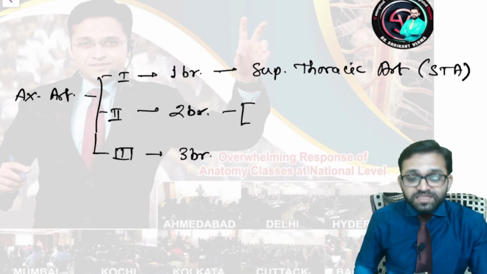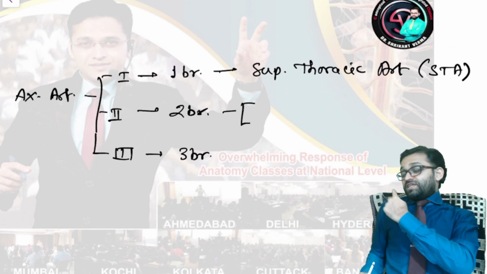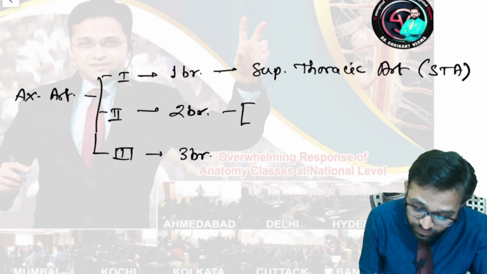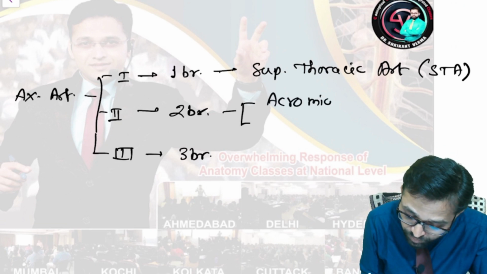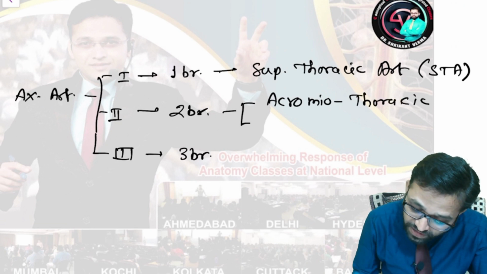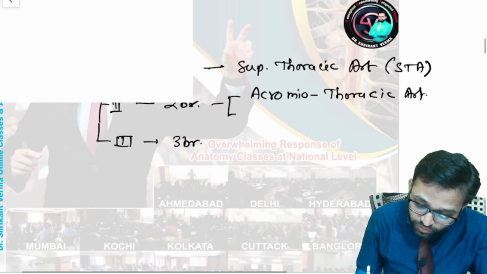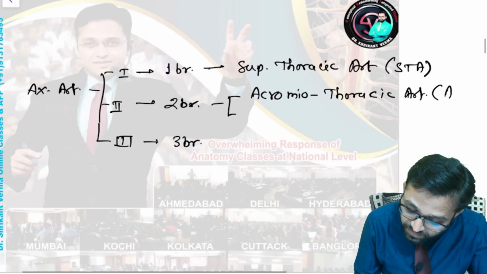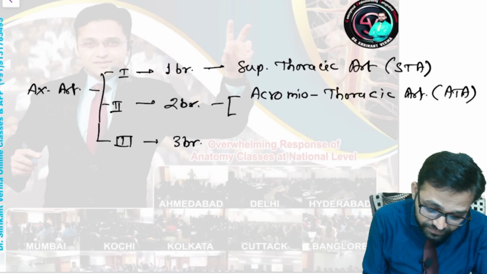Second part has two branches. One branch is near the acromion process, that's why acromio, and it is near the thoracic part, that's why thoracic artery. So it is the acromiothoracic artery, the ATA.